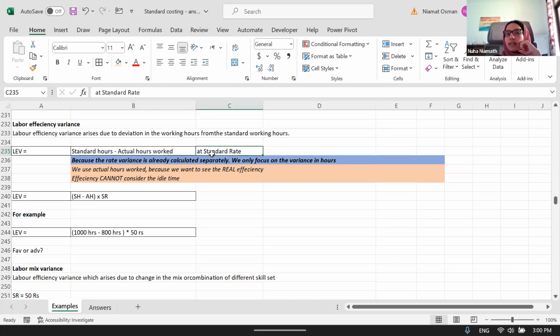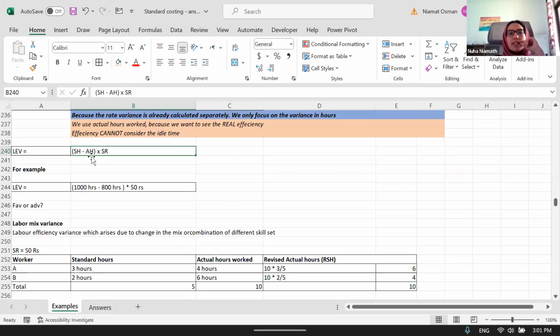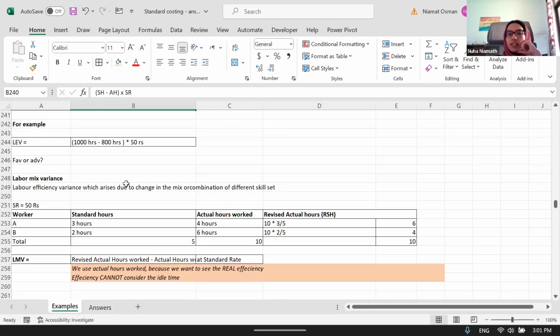And again at standard rate. Why? Because whenever you're talking about efficiency, you will always take standard rate, because rate variance has already been separately calculated. And we will only consider actual hours worked because we want to see the real efficiency, and efficiency cannot consider the idle time. So what will this be? SH minus AH, without the stars, AH worked, into SR. So efficiency variance is 1000 hours, which is the standard, minus 800 hours, that is 900 minus the 100 hours that is idle.